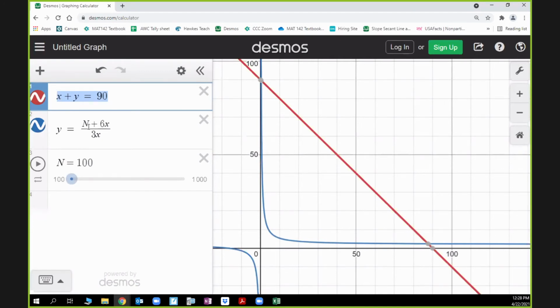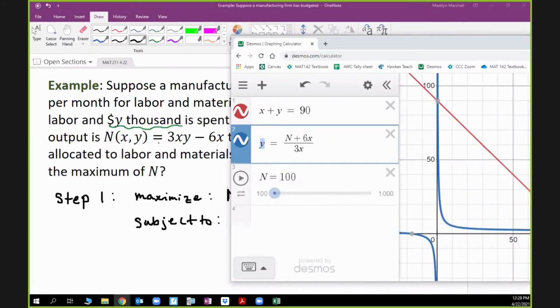The bottom equation, I just solved our N function for Y. I don't know if that was actually necessary, but it felt better to write Y equals here. So what's written in this blue line is this equation solved for Y. So we have N, and then I added the 6x over, so N plus 6x, and then divided by 3x to get Y by itself. So now it's a Y equals.